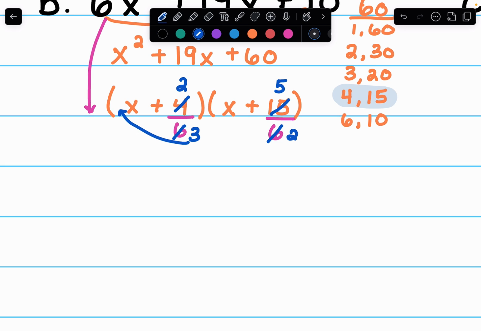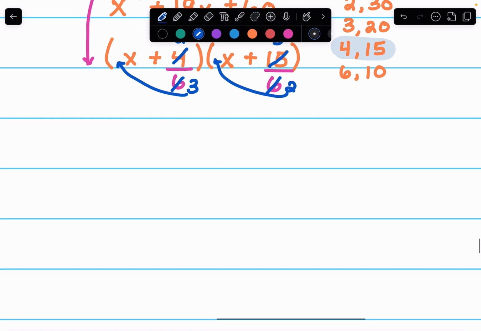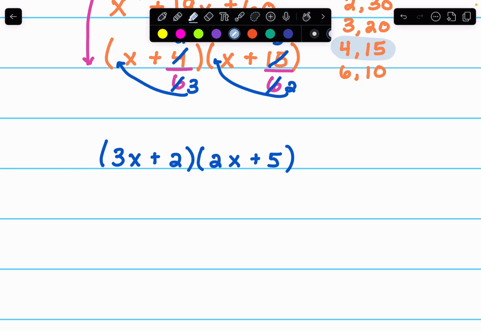I'm left with the denominator, so I'm going to move it to the front. So that's 3x plus 2, 2x plus 5. Okay? Same thing we got at the top of the page for that one.